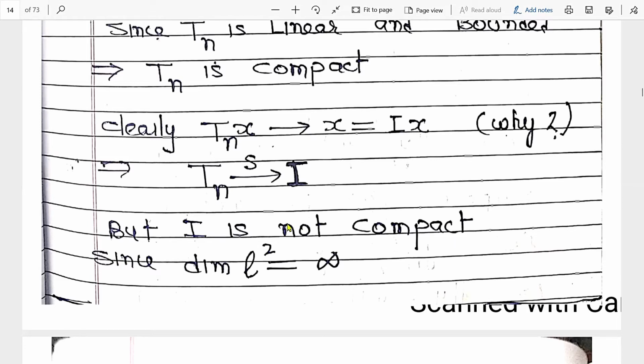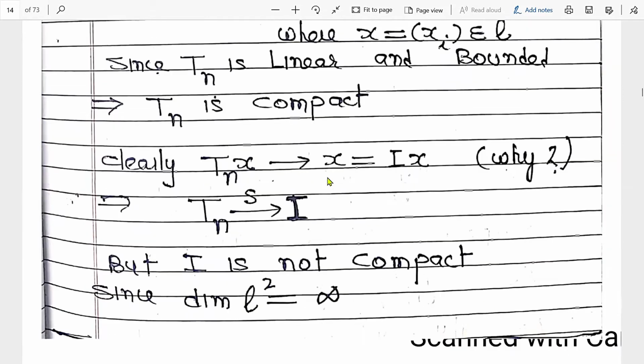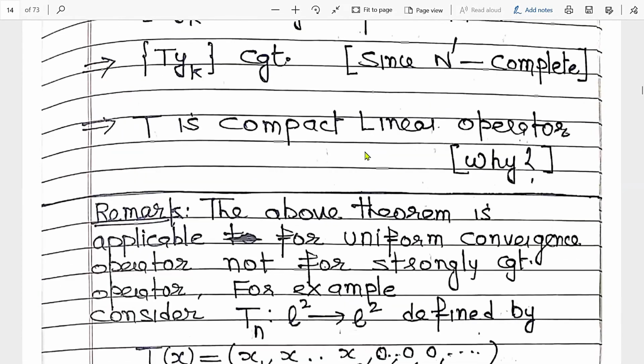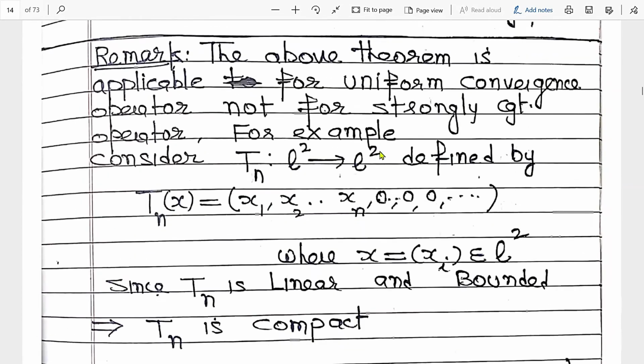Clear? So this sequence is strongly convergent to I, but the limit is not a compact operator. So in this way we can prove that this theorem is applicable only for uniformly convergent operators, not for strongly convergent operators.